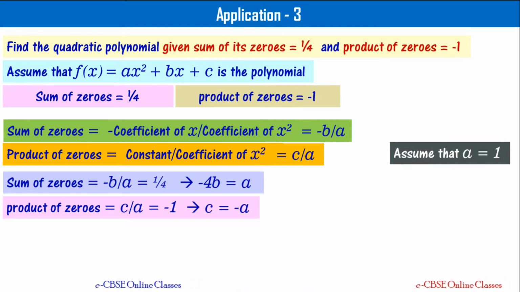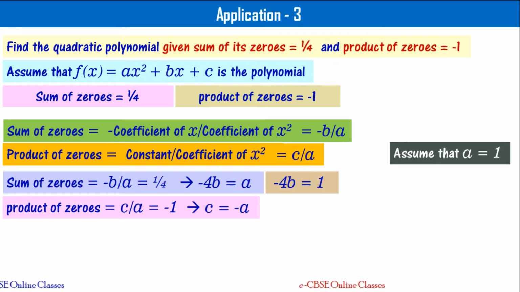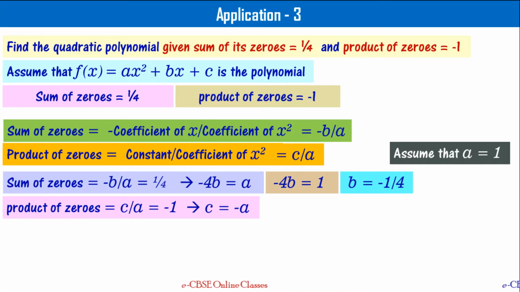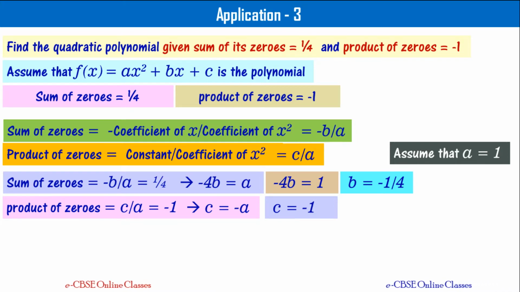Now, if I assume that a = 1, -4b becomes 1, so that b is equal to -1/4 and c becomes -1. So now we have the values of a that is equal to 1, b that is -1/4 and c that is -1.